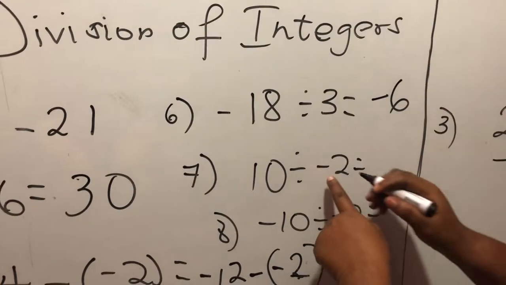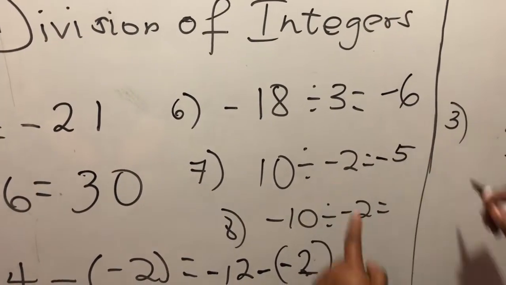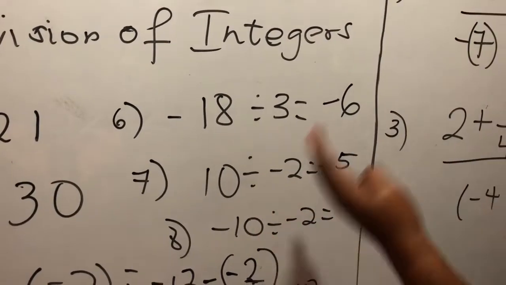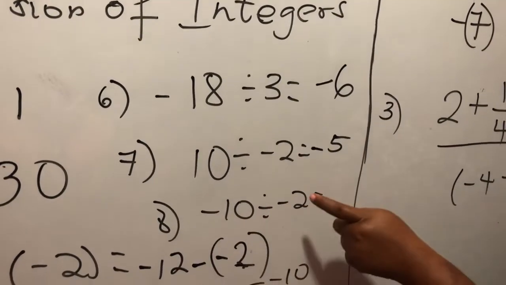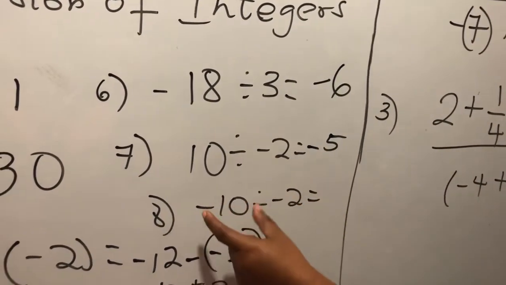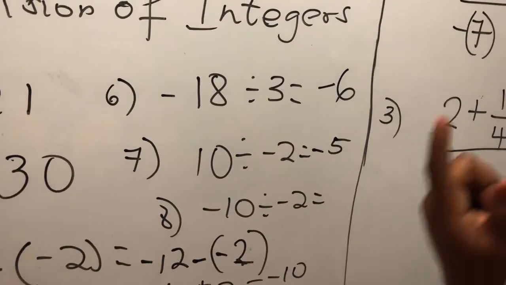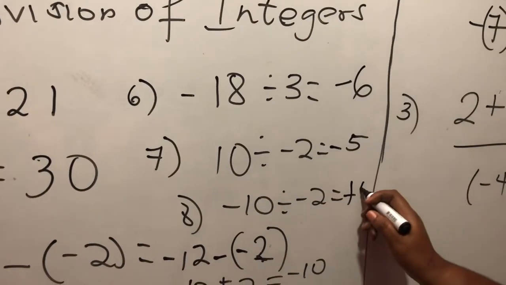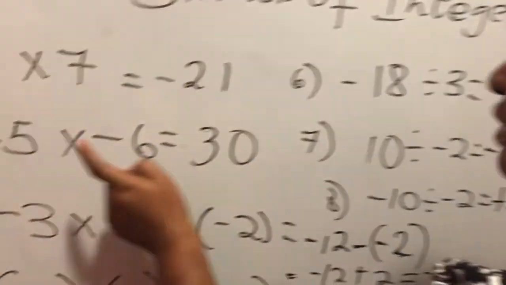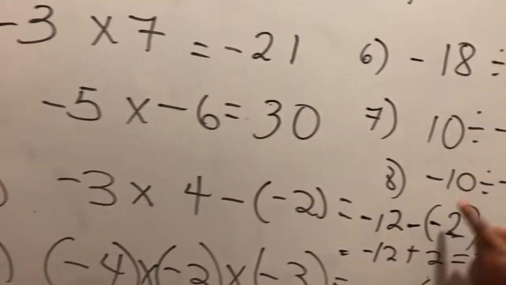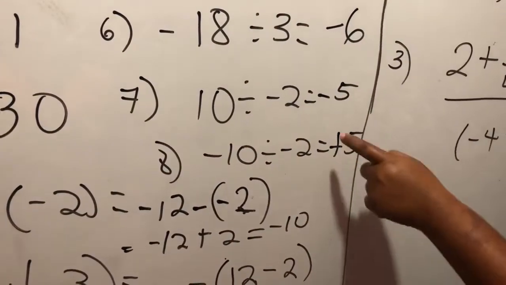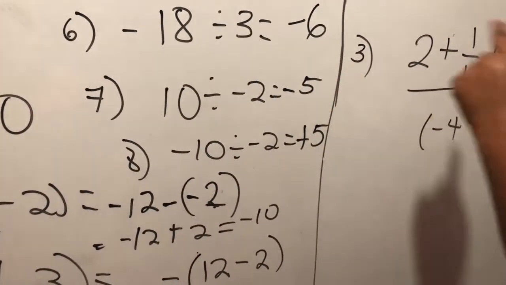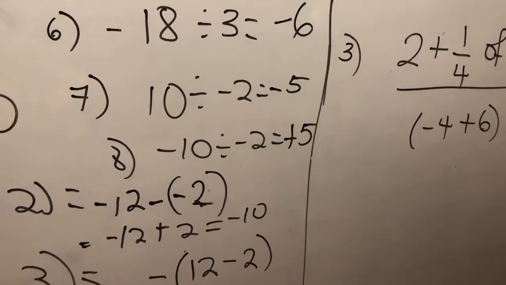Then we have this one, minus 5, right? And you always remember that negative divided by negative, just as negative times negative is giving us positive, so it's negative divided by negative giving us what? A positive answer. All right, so let's move on.